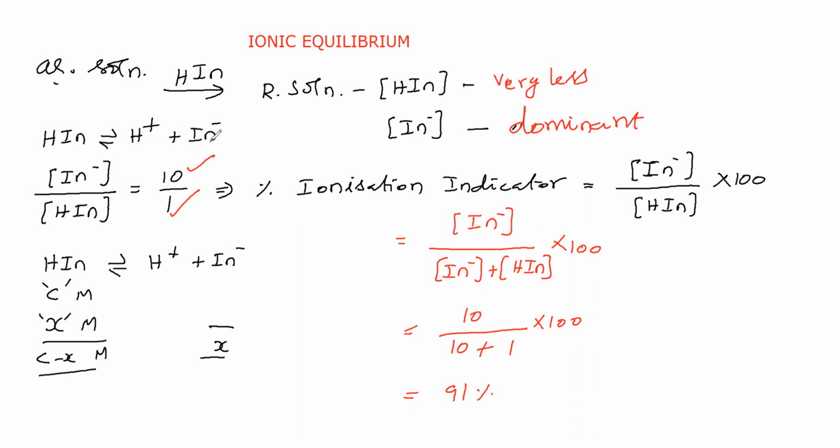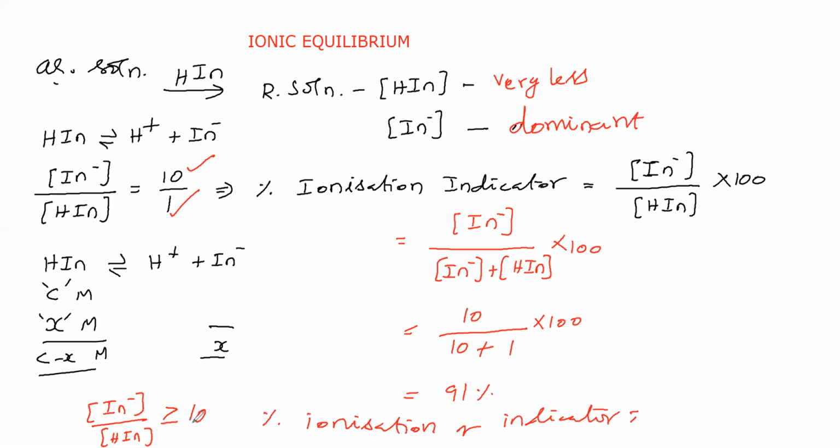Now we will take this ratio, IN minus by HIN, greater than or equal to 10. Then we will see the percentage ionization of the indicator.